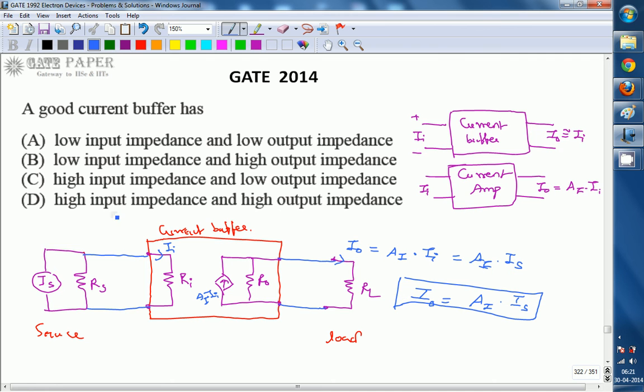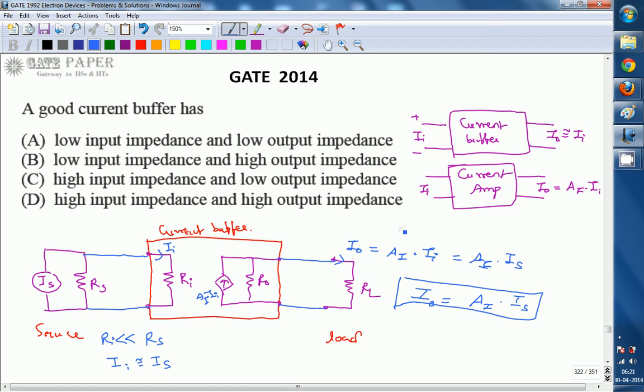So what must be the relation of Ri and Rs, and R0 and RL? According to the current division rule, if Ri is very small, more current flows. So if Ri is very small, then Ii is approximately equal to Is, because the entire current goes into the smaller resistor side.